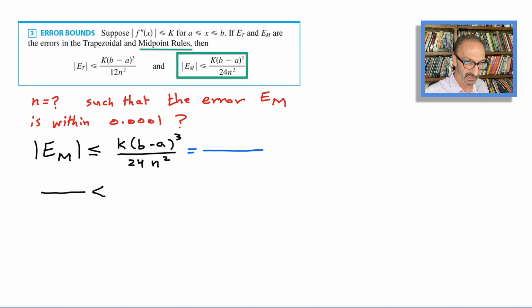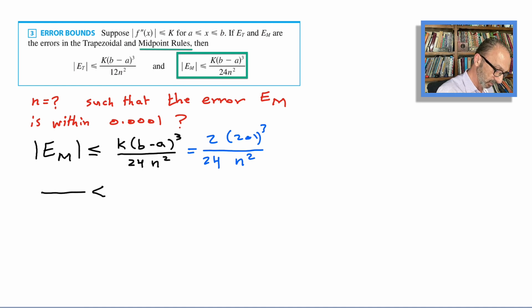Now, the second part is EM. We have the same concept. So we have the following on the right side. 2 for k. We have (2 minus 1) to the third, which is not going to make a difference because it's going to end up 1. This time we're using 24 instead of 12. And we are not using n equals 5. We're looking for n.